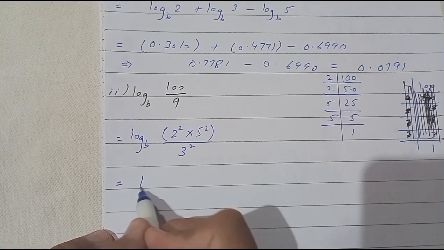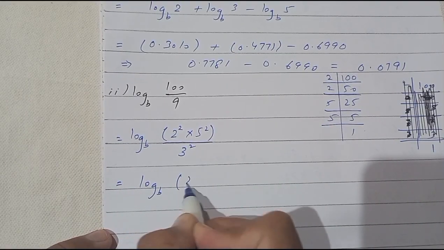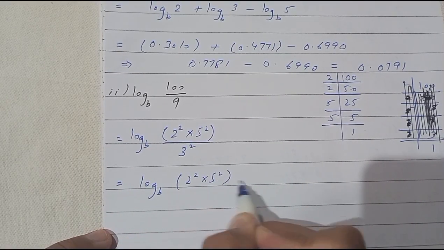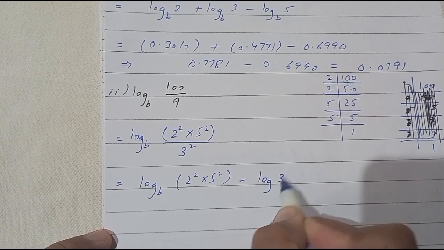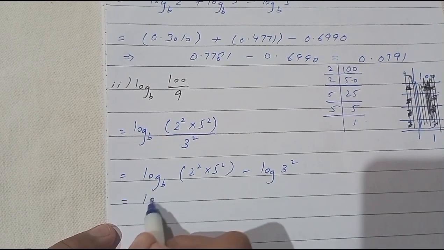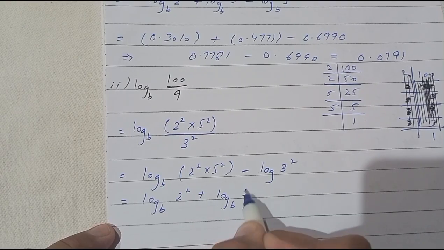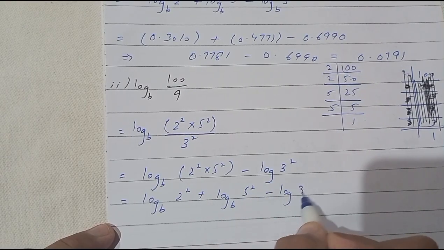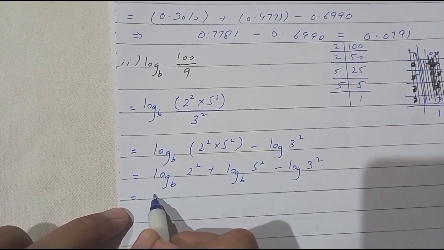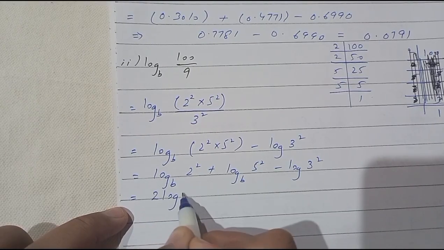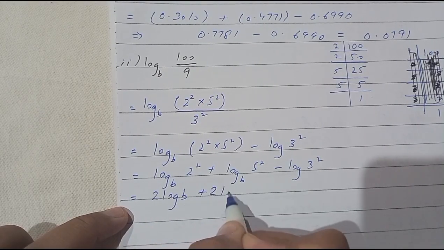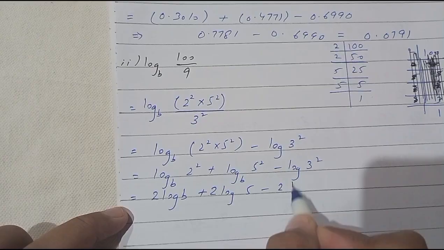Applying quotient law, that equals log of b, 2 square 5 square minus log of 3 square. Now applying product law, which is log of 2 square plus log of 5 square minus log of 3 square. Using power law, powers come at first, that is 2 log of 2 plus 2 log of 5 minus 2 log of 3.